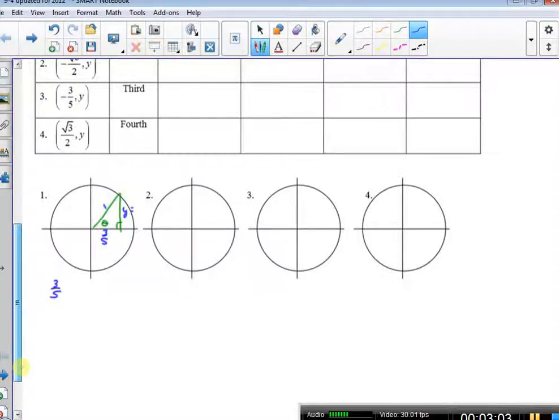So (3/5) squared plus y squared equals 1 squared. So 9 over 25 plus y squared equals, and I'm going to write it as 25 over 25 because I'm going to subtract 9/25.